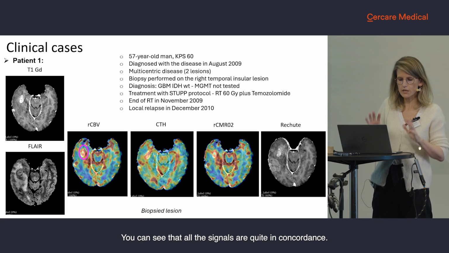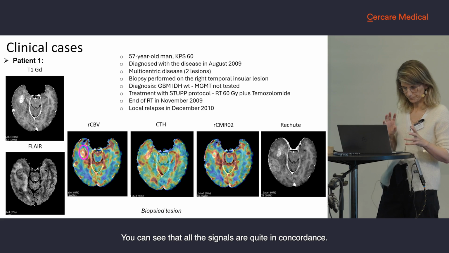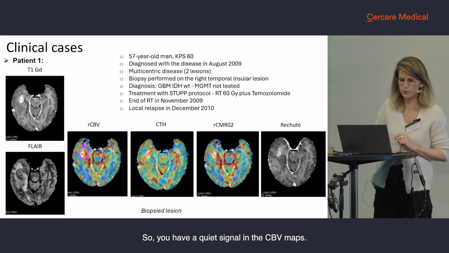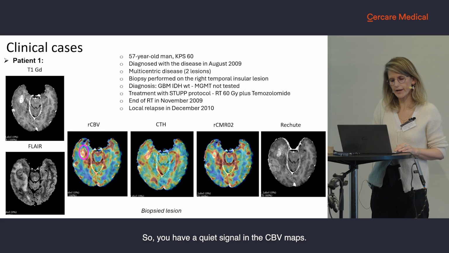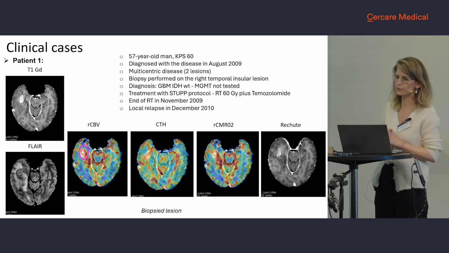And what you can see is that in that case, all the signals are quite in concordance. So you have a quite high signal in the rCBV maps, and the same for the CTH.